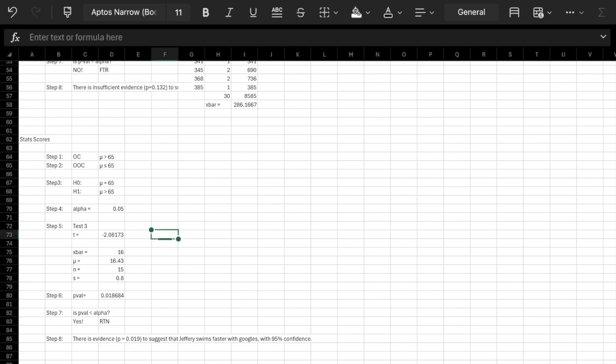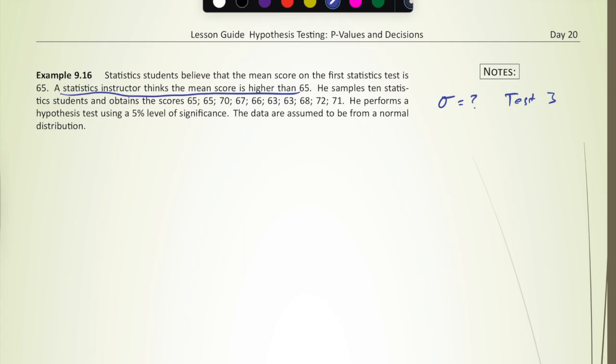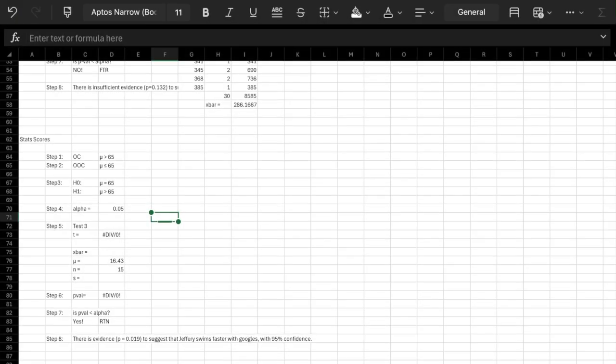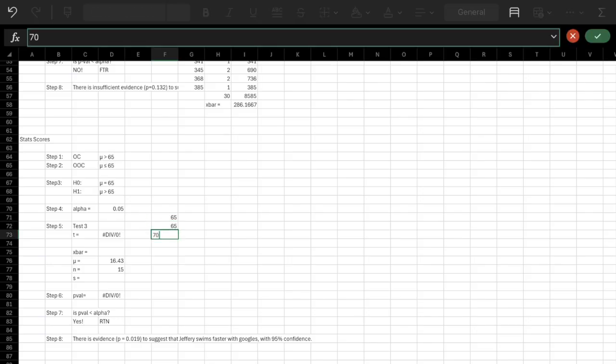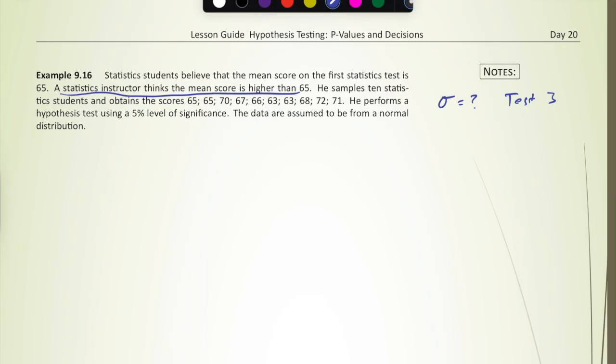Okay, now, where do I get my x bar and my s? I get that from the data. And there is the data. 65, 65, 70. 67, 66, 63, 63.